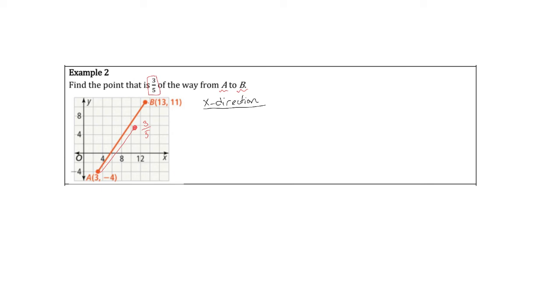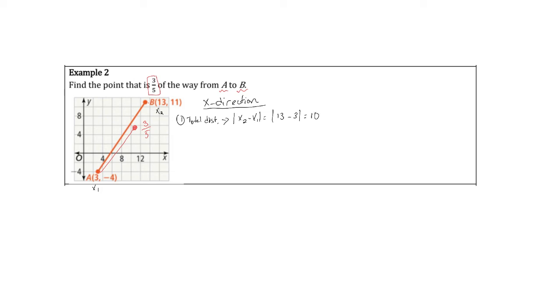To find the x direction, we find the total distance. To do that, we take the absolute value of x2 minus x1. Our x2 is 13 and our x1 is 3, so 13 minus 3, absolute value of it, is 10.